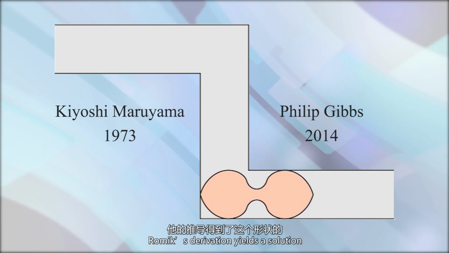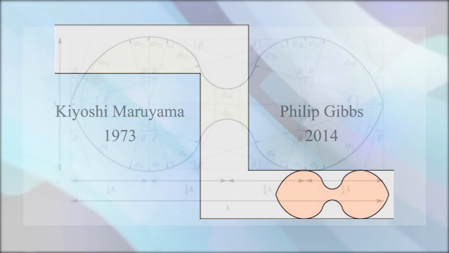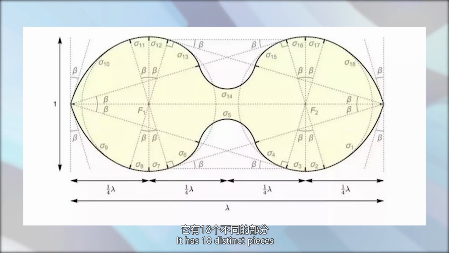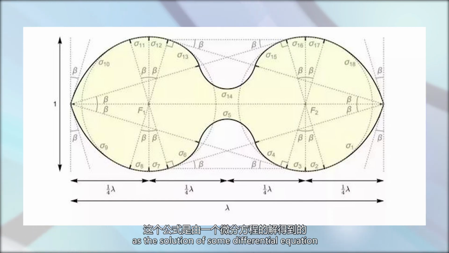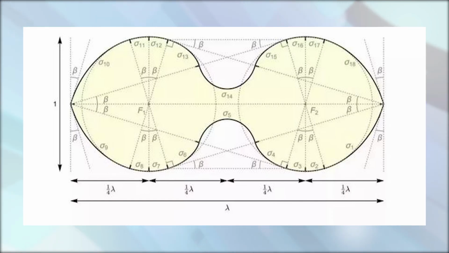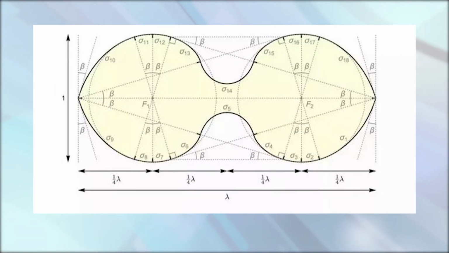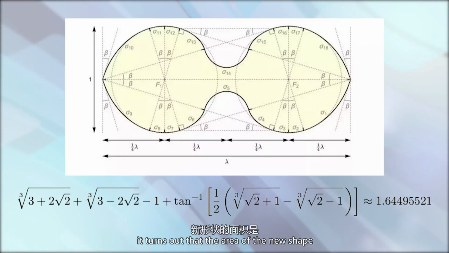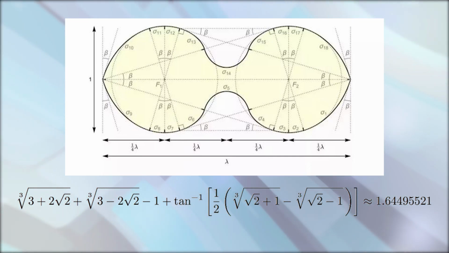Romik's derivation used a solution in closed form for the shape. It has 18 distinct pieces, each of which is given by a separate formula obtained as a solution of some differential equation. The details of the analysis are quite surprising. For example, it turns out that the area of the new shape is given by the Euler formula, like this one.